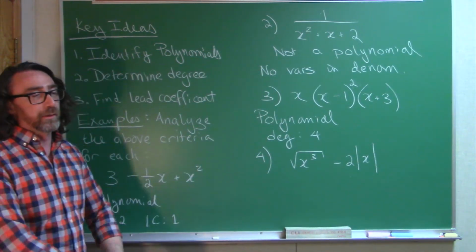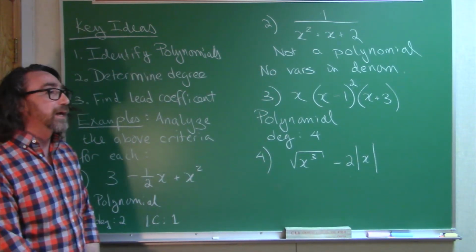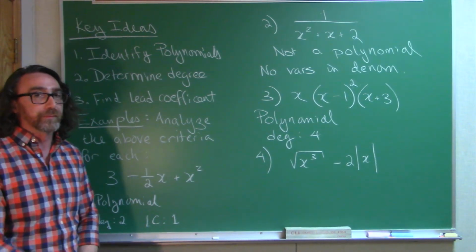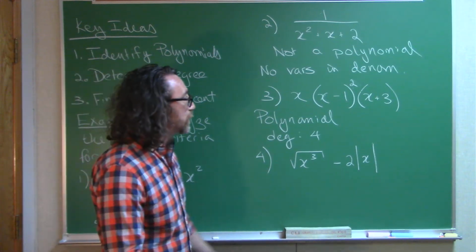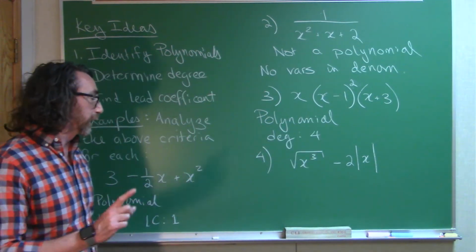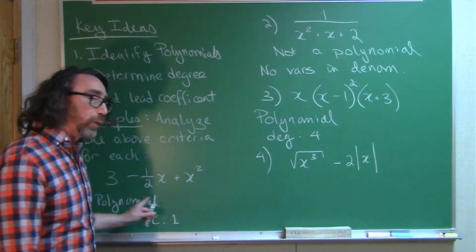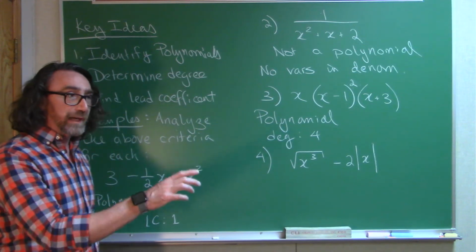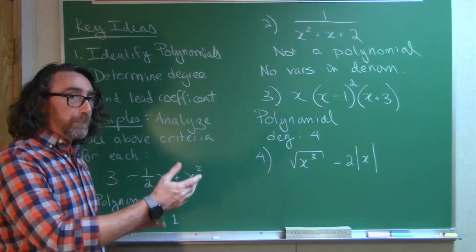You might say, well, Dr. Mack, you just said the degree of a polynomial is the highest power that I can see. And I see a 2. So that's the highest power, so it's degree 2. But that's when the polynomial is expanded like this. When the polynomial is factored, you've got to account for multiplying it out.